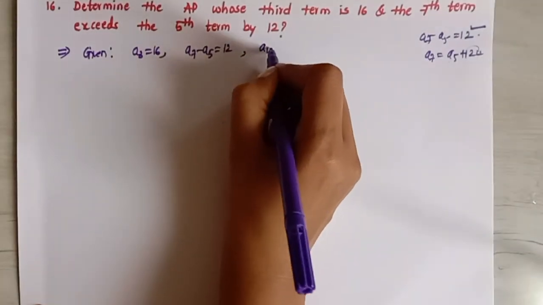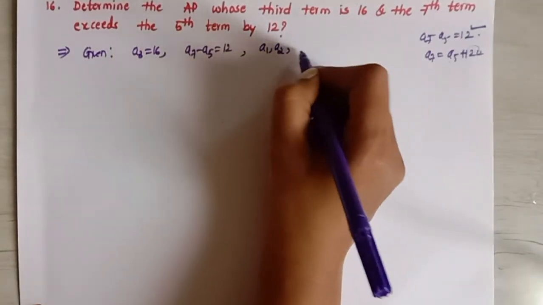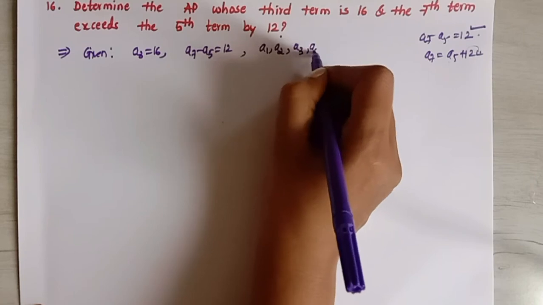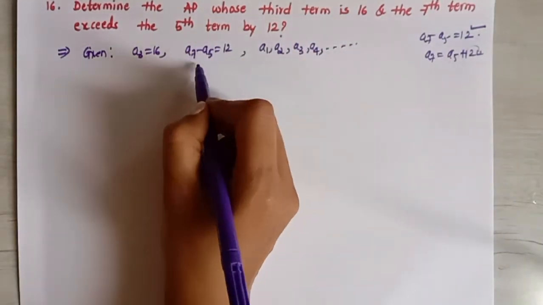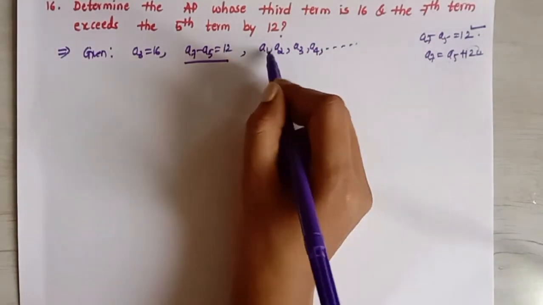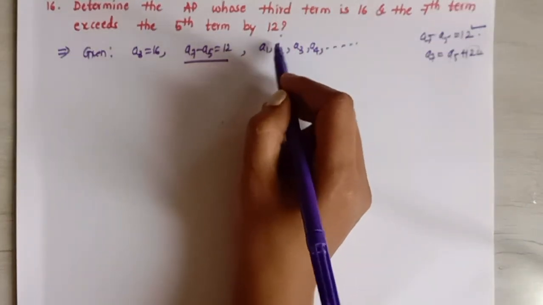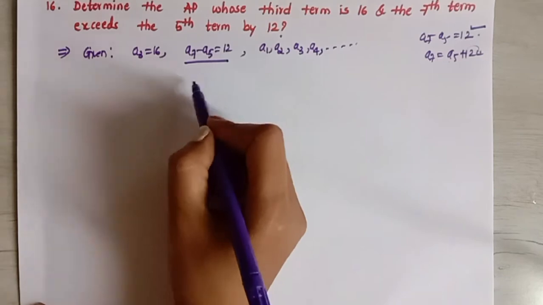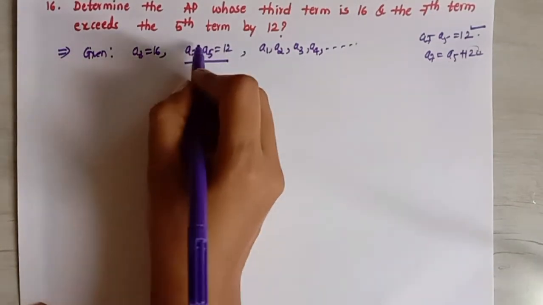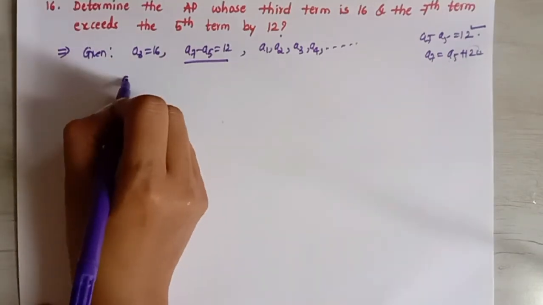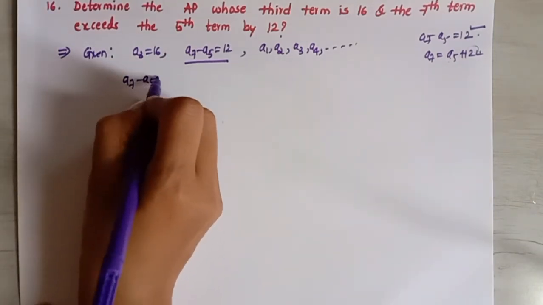We have to find this AP, that is A1, A2, A3, A4 and so on. Using these conditions, we can find these terms. To find these terms, we have to find A and D. So using these conditions, we can find A and D. Let us take this one: A7 minus A5 equals 12.